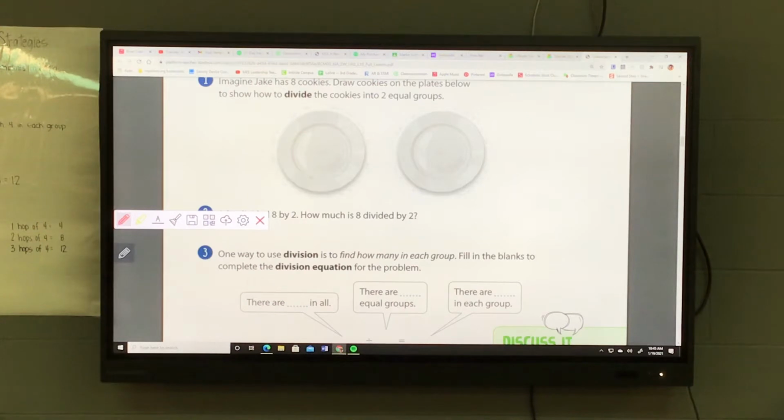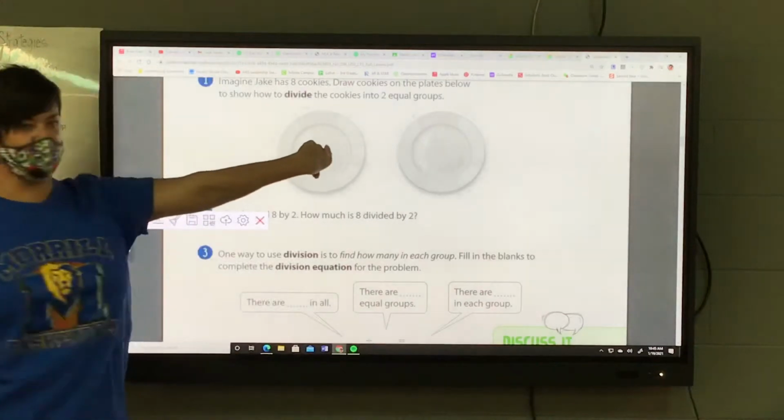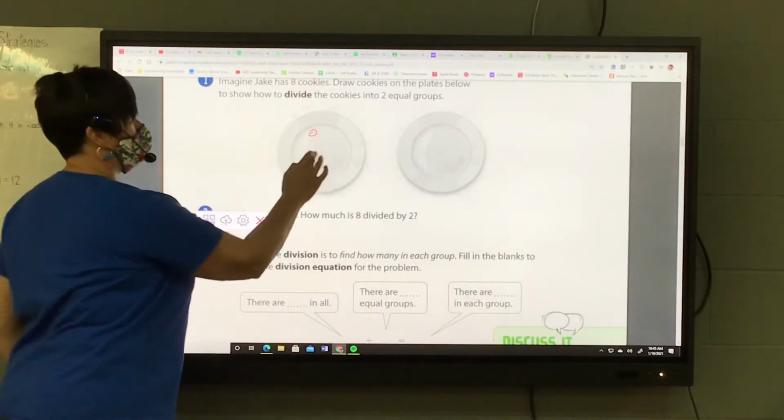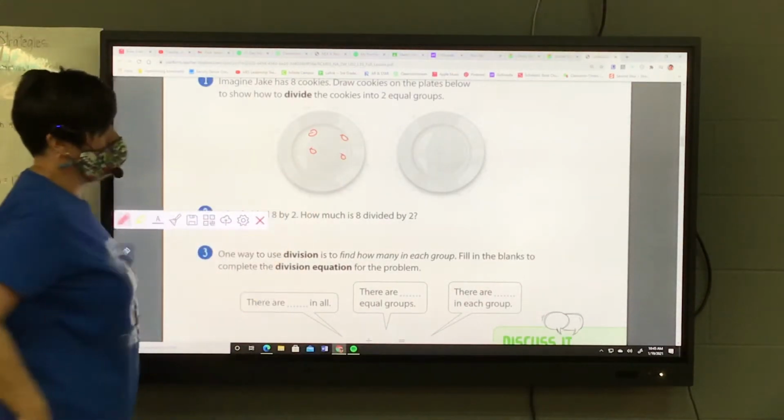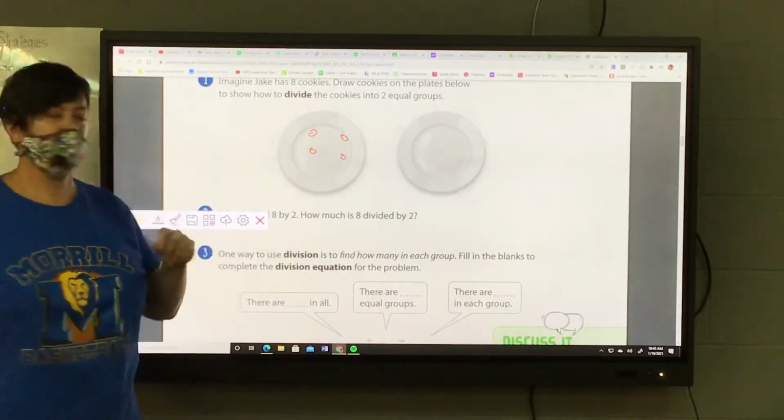Nice job, everybody. Same amount of cookies on each plate. And you're saying there needs to be how many cookies on this first plate? 4. Those are little teeny tiny cookies. How about on this plate? 4.